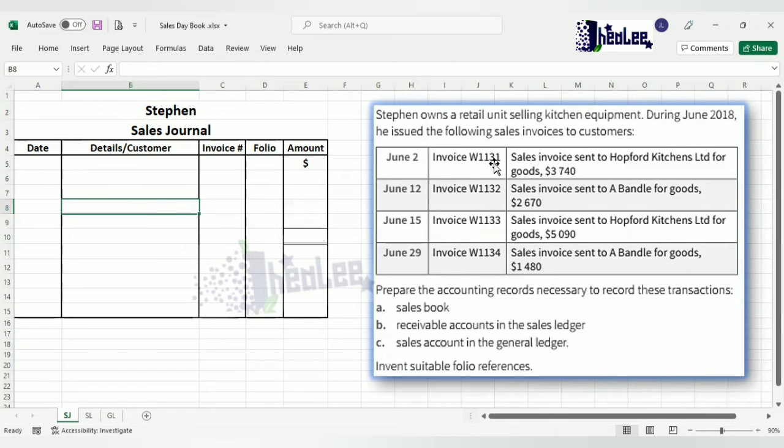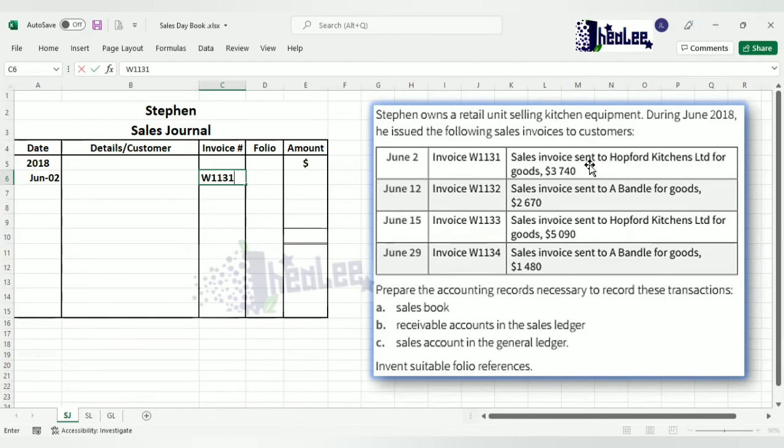So here we go. The date is 2018. The first transaction read June 2nd. So to complete that date, it is June 2nd. The invoice number is W1131.